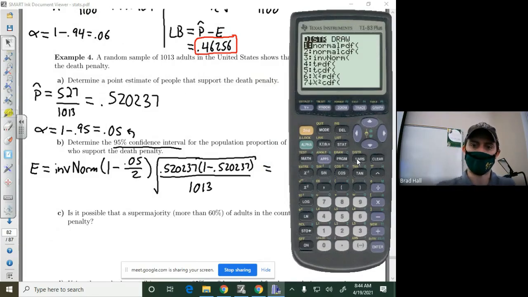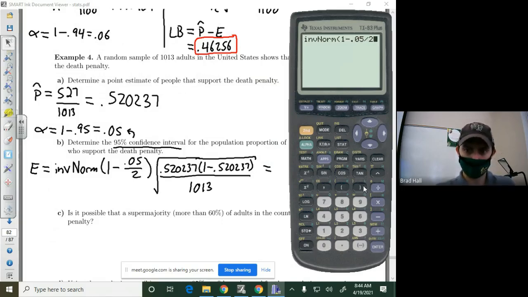So we can go ahead and plug all of this in. Start off with the inverse norm. Definitely important, if you have the primitive calculator like what I have, you have to close your parenthesis. If you have the fancier one, it'll do it for you after you paste.